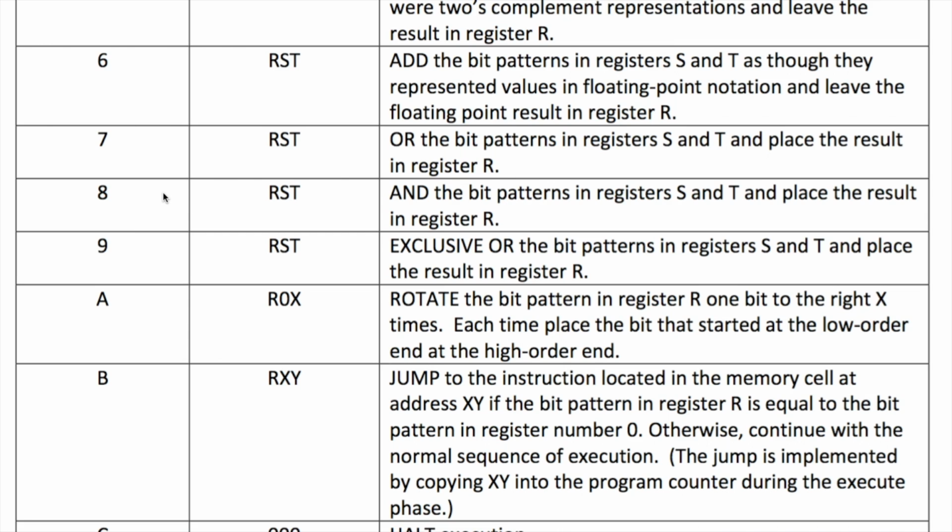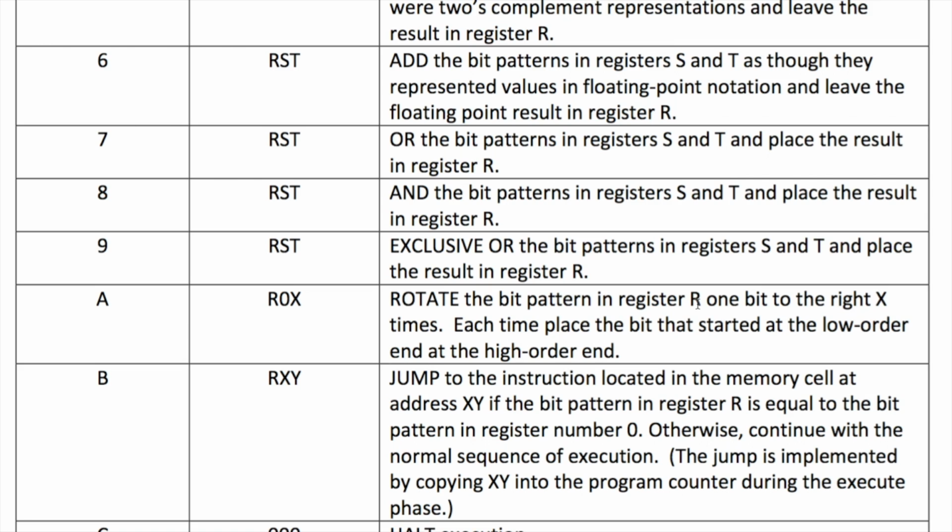And for opcode 8, we perform the AND operation. Opcode 9 is for the exclusive OR instruction. For opcode A, it has operand pattern R0X. This means we will rotate the value in register R one bit at a time to the right.